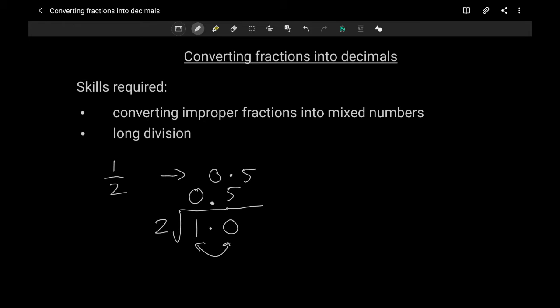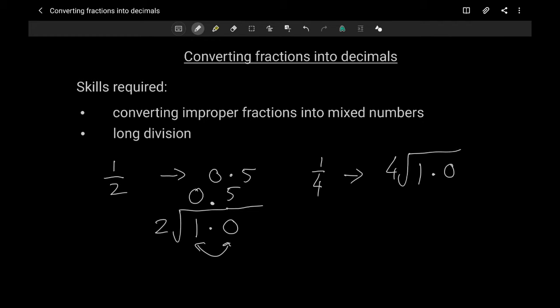So how do we convert 1/4 into a decimal? Well, we know that 1/4 is asking us how many 4's would go into 1. Again, we write 1 as 1.0.